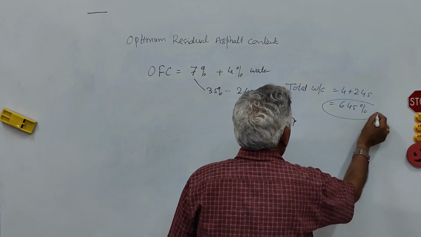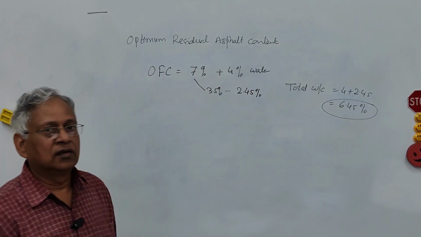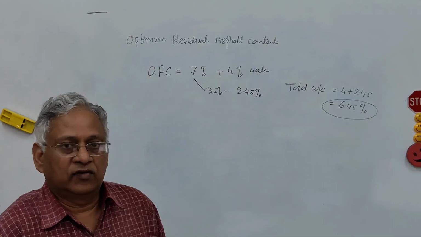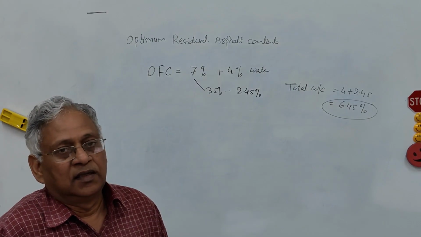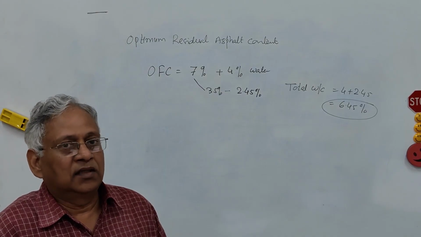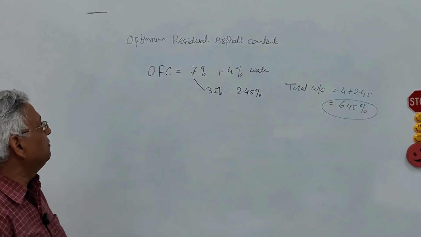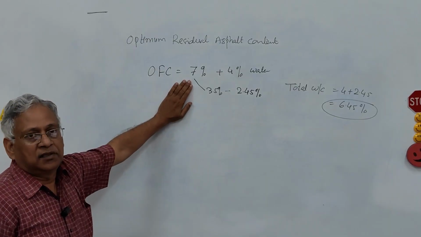Now that is to be kept constant in all sets of specimens, so the total water quantity should be 6.45%. Now this step is carried out at varying proportions of emulsion.